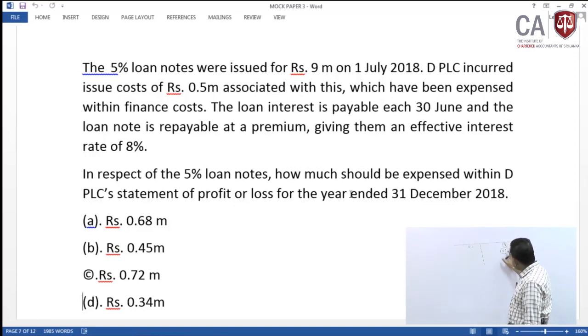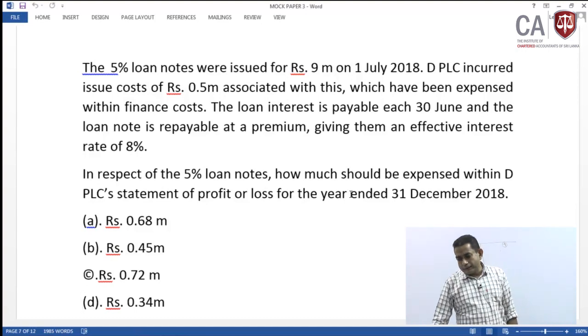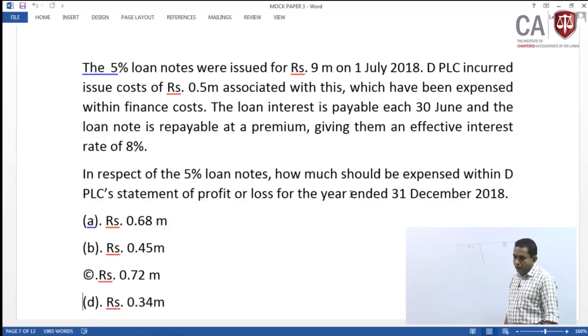You know, to charge interest to profit and loss, the interest rate you should apply should not be the coupon. To recognize interest to profit and loss, the interest rate you should apply should be the effective interest rate. So the effective rate is given, luckily. If it was not given, you would need to work out the IRR to find the effective interest rate. So it is 8%.